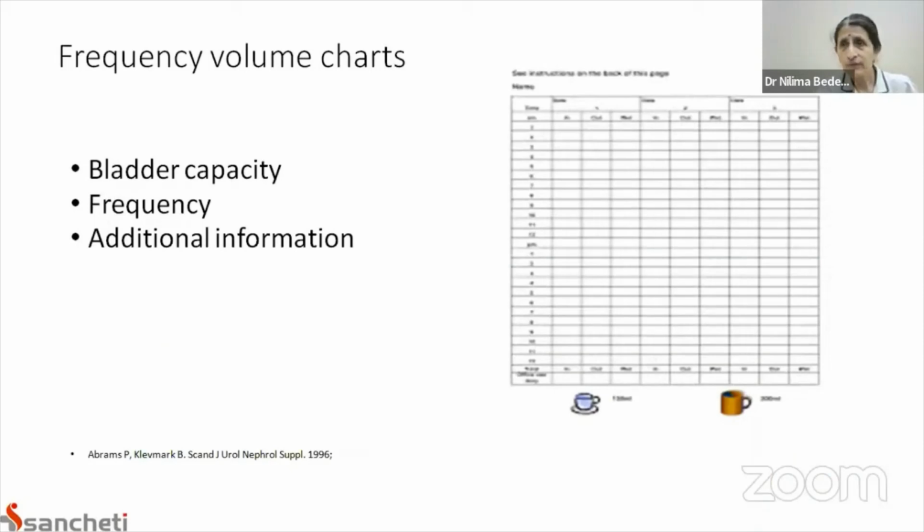Having said this, I would like to spend some time discussing these frequency volume charts. These charts are the best demonstration of the bladder capacity. So without even needing urodynamic studies, the maximum bladder capacity can be studied very well with these frequency volume and incontinence charts.